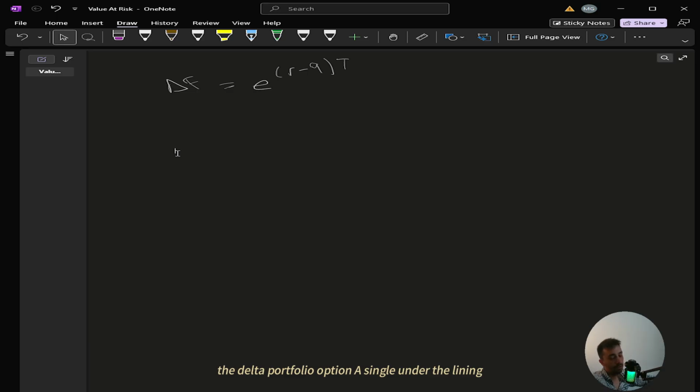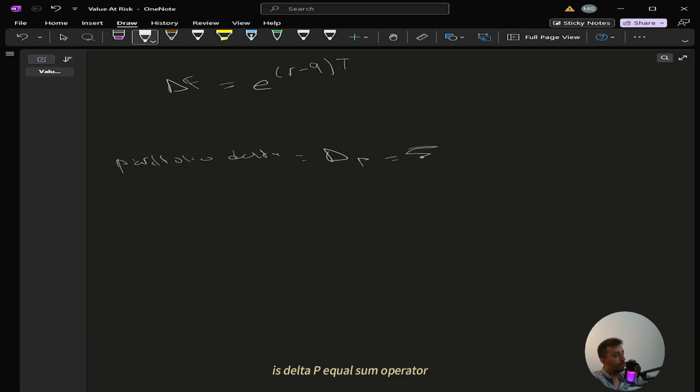The delta of a portfolio of options on a single underlying asset can be calculated as the weighted average delta of each option position in the portfolio. Portfolio delta is delta P equals the sum over i of weight i times delta i, guys.